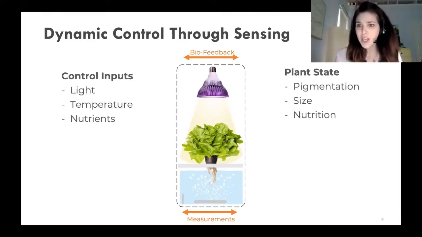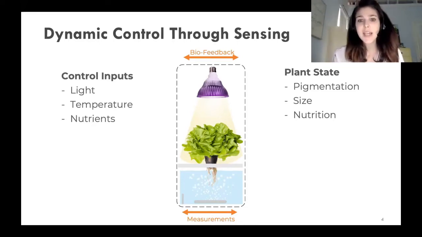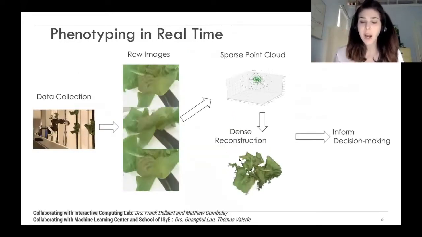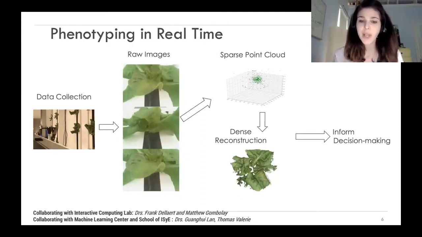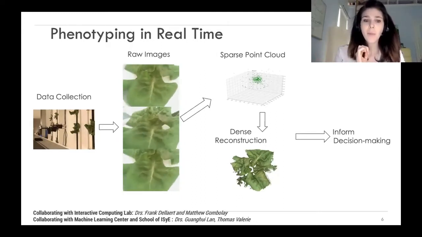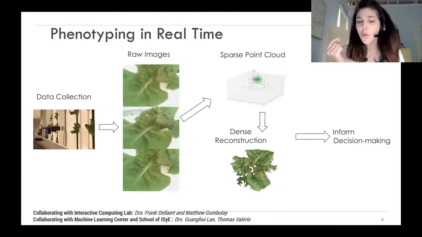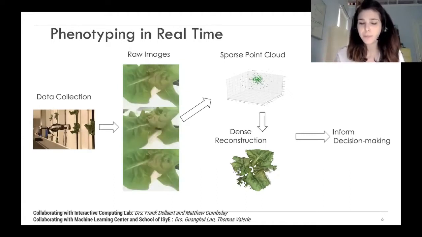This is largely theoretical at this point in the state of plant science, but the idea is that with a dynamic sensing environment, we can look at things like the pigments in the plants and determine what the plant is lacking, or what we can tune with the control inputs to get to a more desired outcome.